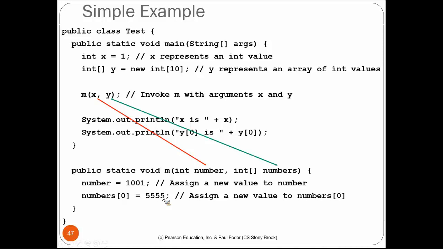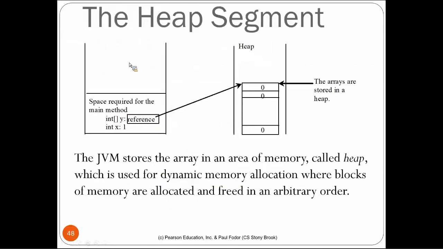The reason for that is that when we pass those two values to the method, we are copying the values. It's called pass by value. All the objects, like arrays or other types of objects, user-defined objects, are kept in a separate area of memory called the heap segment.